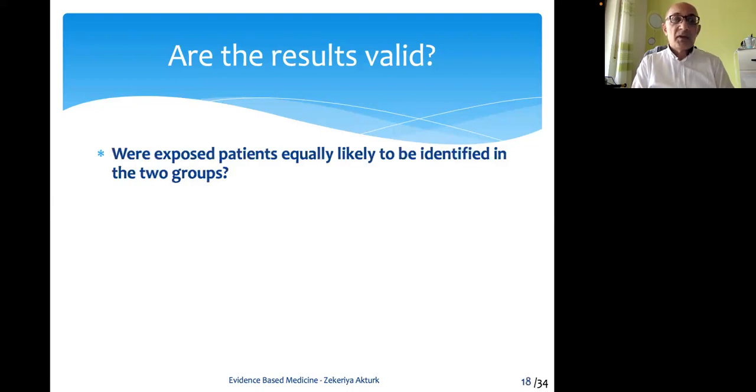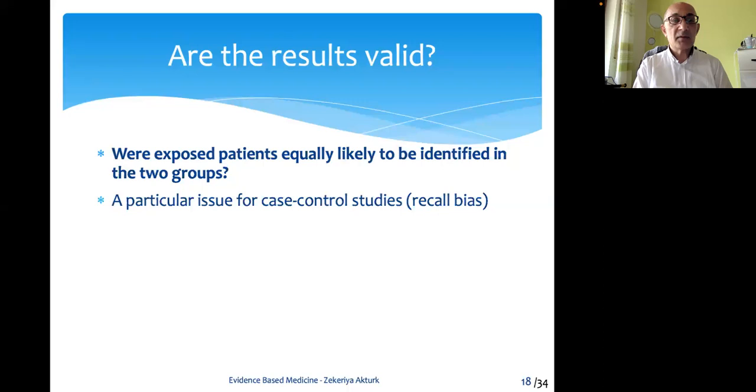Were exposed patients equally likely to be identified in the two groups? That is a critical question we have to ask when we appraise a study on harm: was the possibility of the participants to be in one of the groups equal for all participants? So here, if you have conducted a case control study, there is the recall bias, for example.